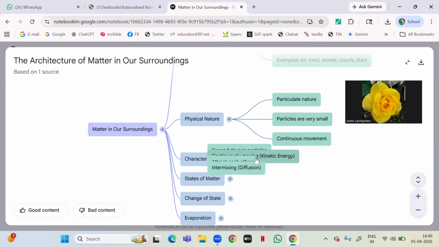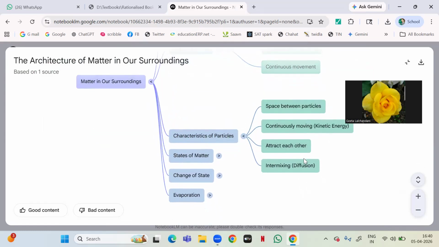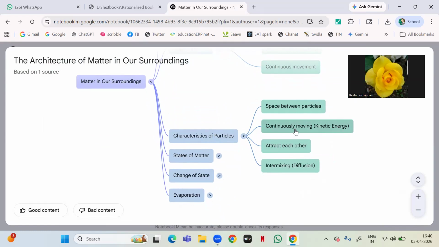Then you have characteristics of particles. Once it was proved by kinetic molecular theory that all matter is made up of particles, other properties were found, which came as the other postulates of kinetic molecular theory. First, all matter, be it solids, liquids, or gases, has spaces between the particles. It is called interparticle space.